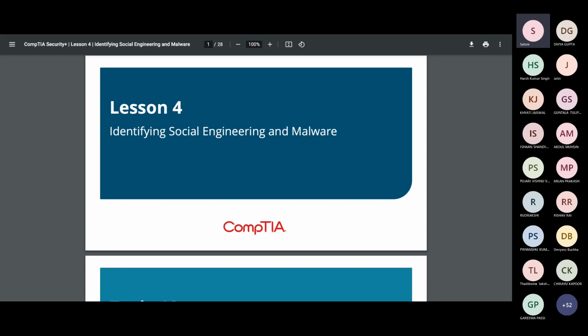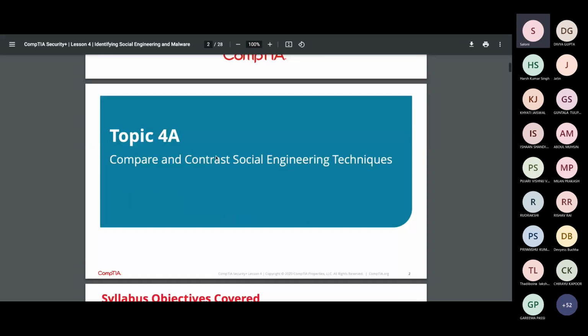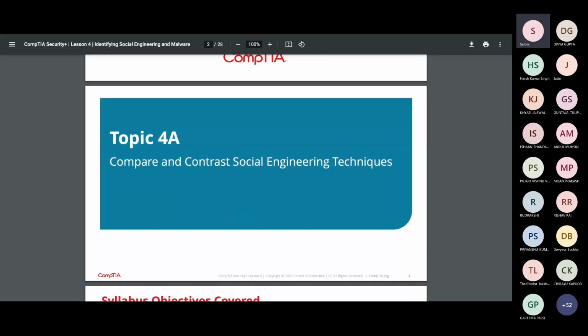So today we are going to discuss social engineering. This chapter 4 is particularly about identifying social engineering and malware. The agenda is to compare and contrast social engineering techniques.